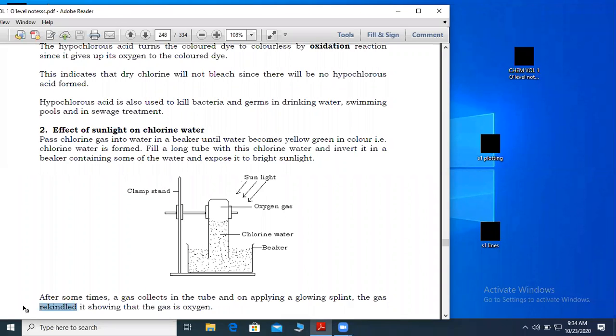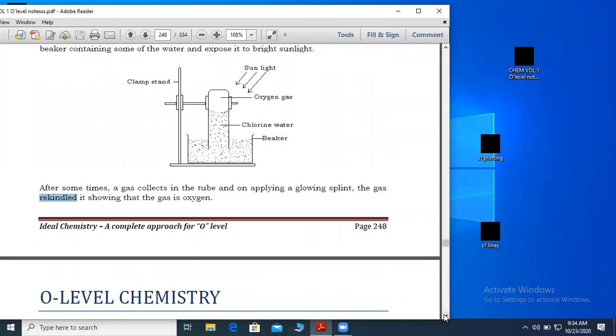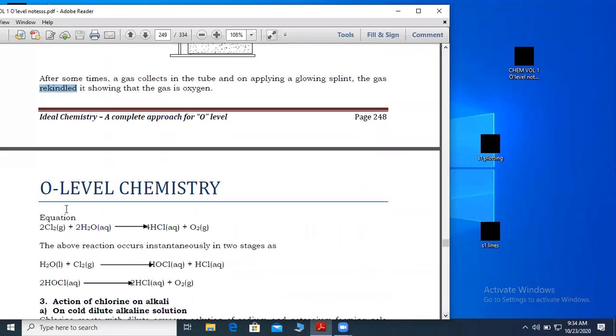So if this word becomes difficult for you, just say the glowing splint relights. So in short, when chlorine water, which contains hypochlorous acid, is exposed to sunlight, oxygen gas is produced. And we should have an equation there. Our equation is here.